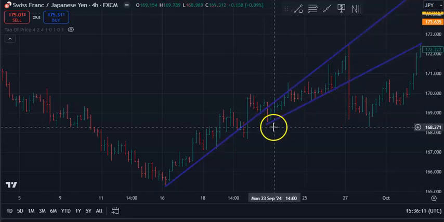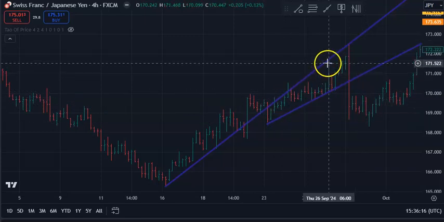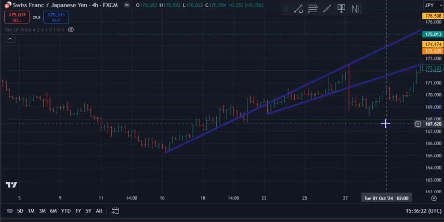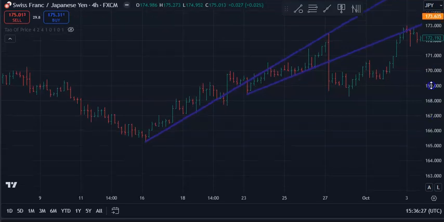All well and good, but as we see, the marketplace did break down and get pretty far away from this line. And if this goes out into infinity, it's not really useful anymore. So we have to constantly keep adjusting this line.